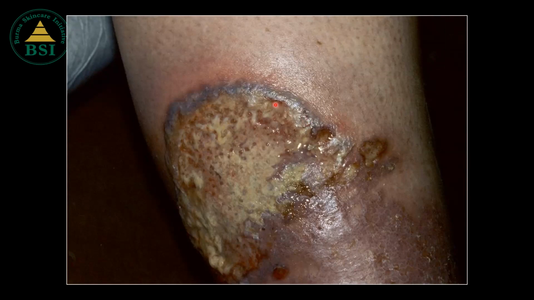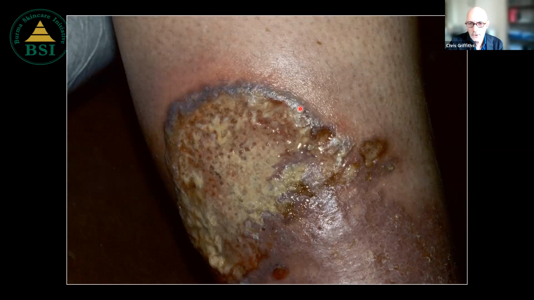So this is pyoderma gangrenosum, and this is very strongly linked to inflammatory bowel disease, particularly Crohn's disease and ulcerative colitis, though not all patients have that, and of course not all patients with inflammatory bowel disease get pyoderma gangrenosum. It's also linked to hematological malignancy, rheumatoid arthritis, and other arthritides. Quite often, though, we don't find an underlying cause.